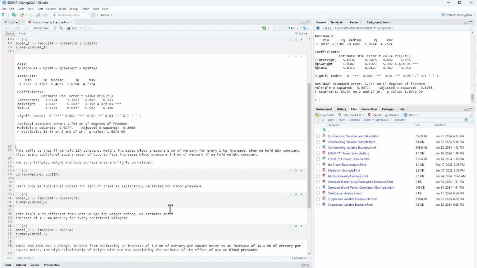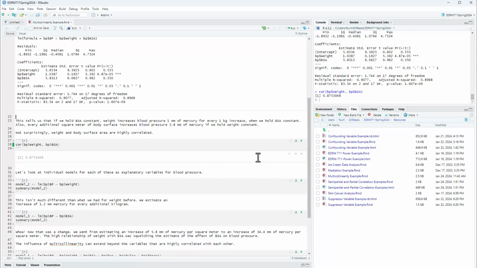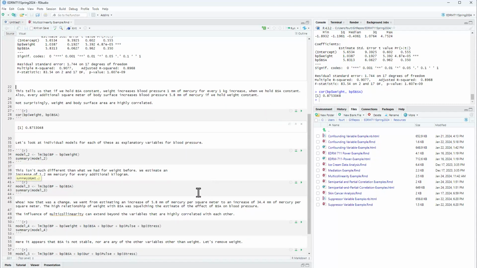Not surprisingly, look what happens if we look at the correlation of weight and body surface area. They are highly correlated, 0.88. So let's look at two individual models, one with just weight and one with just body surface area.